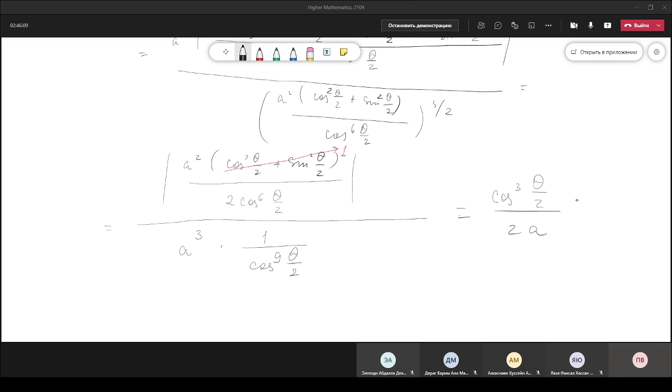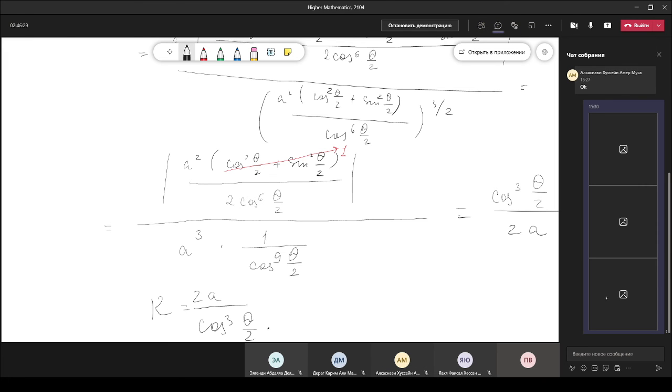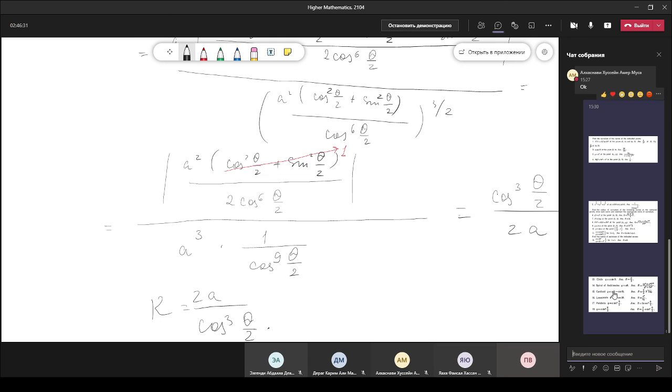It is k. R is 2a over cosine cubed of theta over 2. We find R.